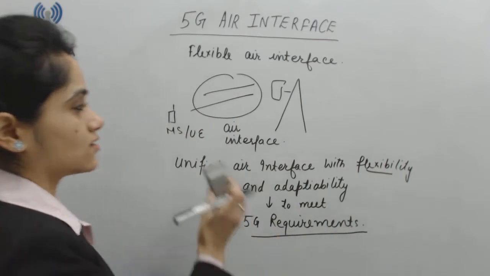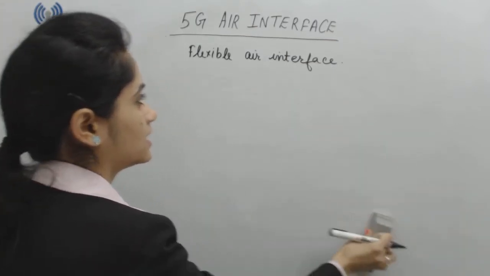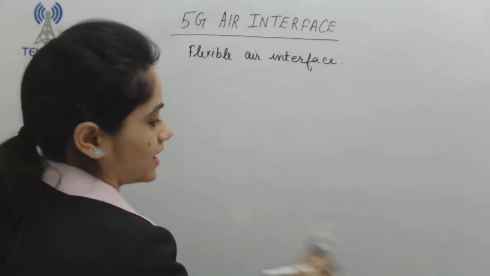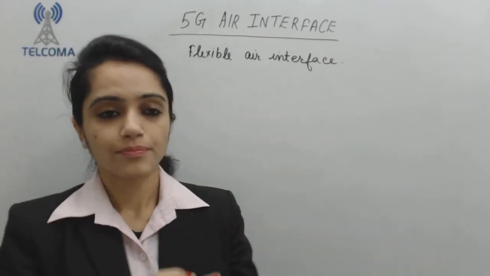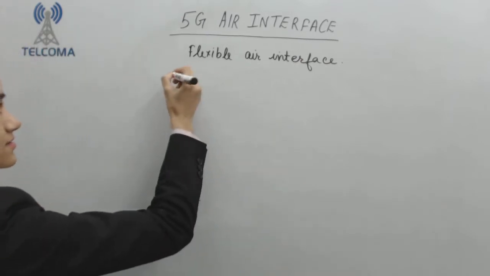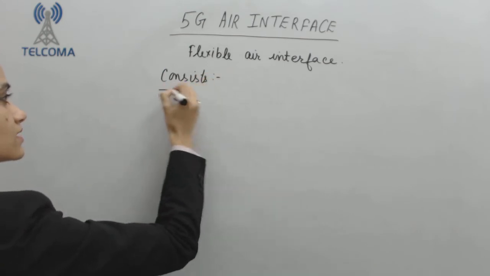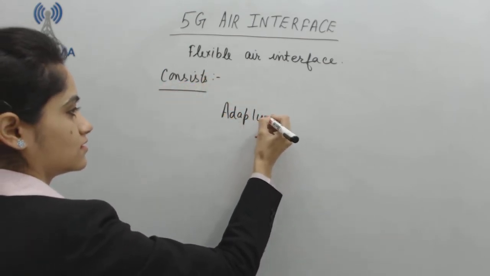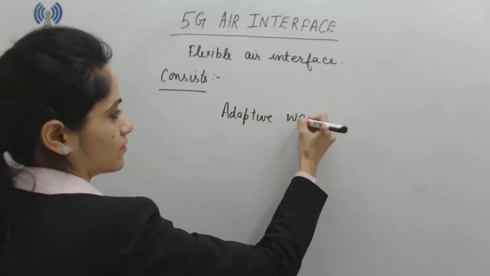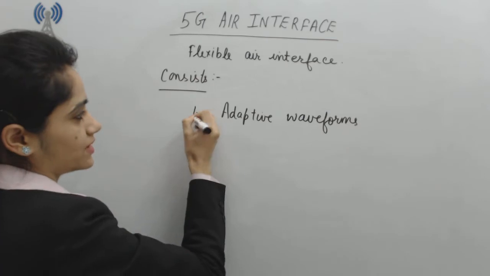Now the new air interface, which is a flexible air interface in 5G, should consist of various configuration mechanisms. So it consists of adaptive waveforms, as the very first.